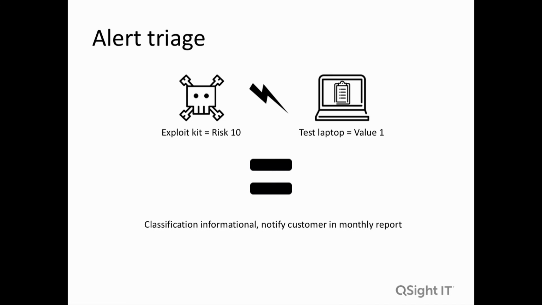We classify it as informational, do nothing at this moment, and notify this customer somewhere in a monthly report, saying, oh, also we had 100 of these classifications. Maybe we should do something about it or not. And if not, then we can completely rule out this test laptop. Whatever is happening, you will not be notified anymore.